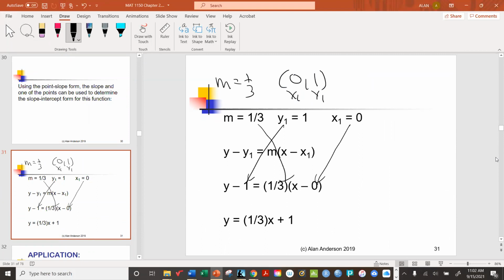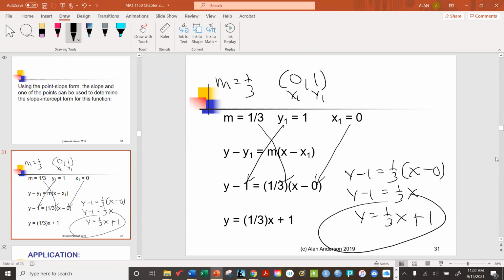Now it's just algebra. Okay, so in other words, first of all, x minus 0 is just x. Now we add 1 to both sides, and you're good. So that is your slope intercept form. And you're done.